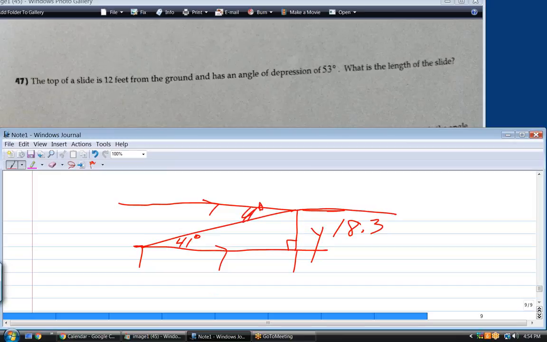So know that the angle of depression is usually the same as the angle of inclination, depending on where the person measuring it is standing. You know, if my surveyor is up here, he's going to call it the angle of depression because he's looking down with his tool and he's measuring 41 degrees there. But if my surveyor is down here with his surveying equipment, he's going to point it up and measure an angle of inclination.